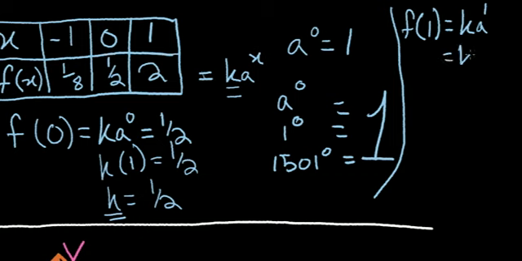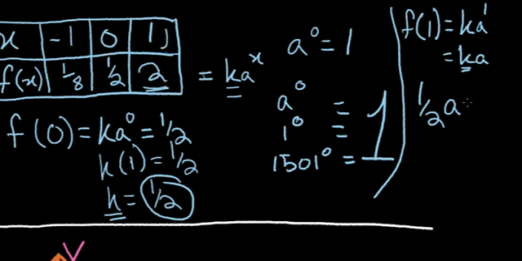So it equals k a, and we know that k will equal 1/2. So let's plug that in. So half a, that's f of 1. And f of 1 is going to equal 2. So half of a equals 2.